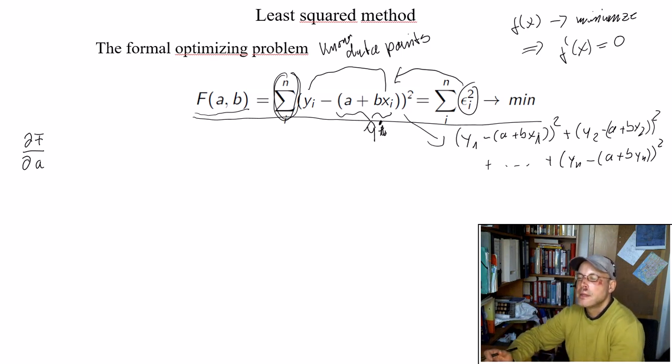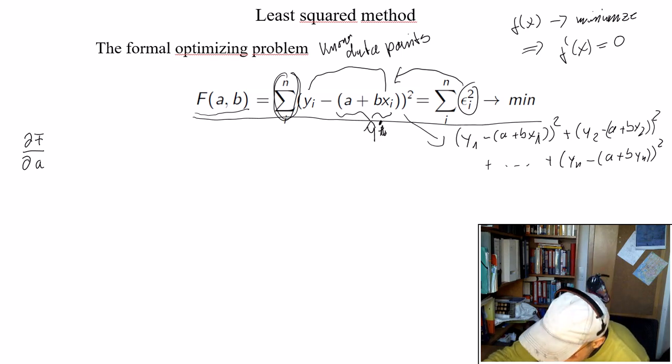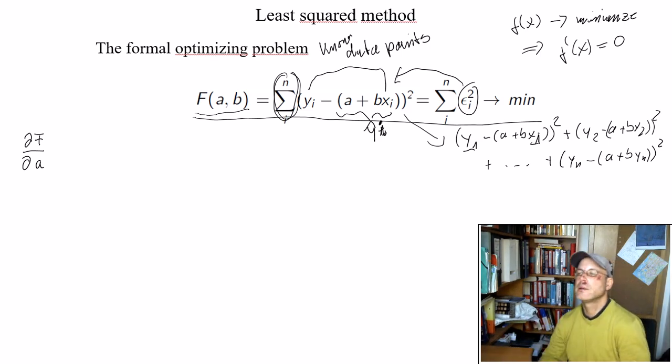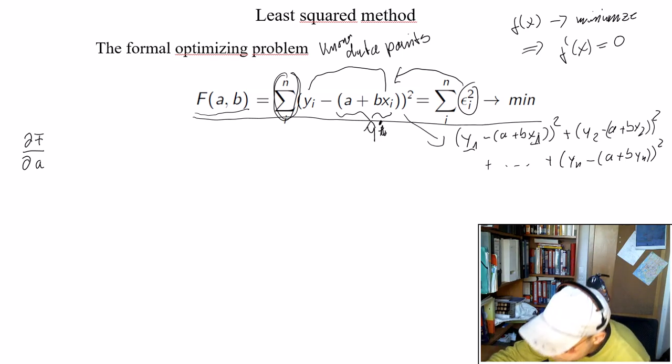And please keep in mind that y1, x1 are known, and also y2, x2, and so on. So what would be the derivative of this first part here, df dA?